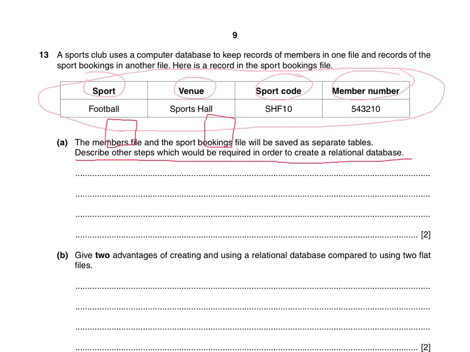Now, at the moment, because they're both separate, we need to link them. Now, I would use this for the sport bookings, okay, and I would use this for the members. So each member would have a new unique member number, and each booking would be linked to a sport code.